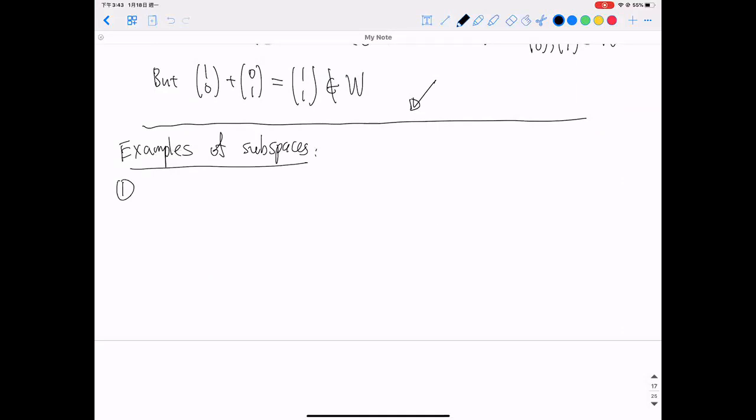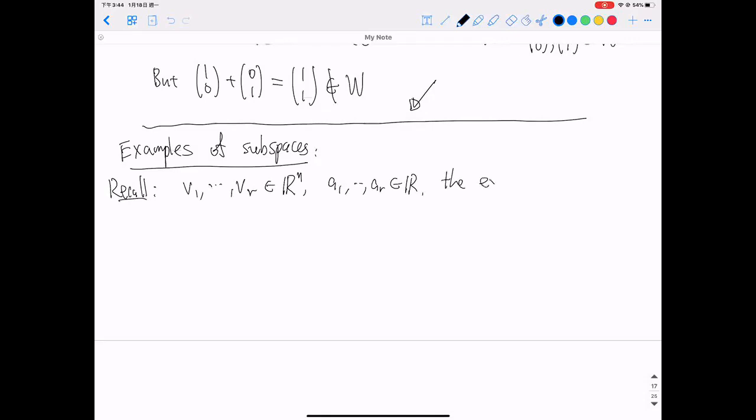Let's recall the following definition. Suppose you have vectors v1 through vr, and a1 through ar are just numbers.